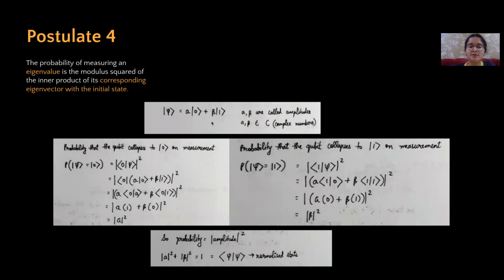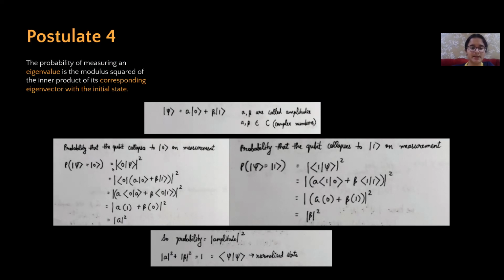We've seen in our previous video on Dirac notation how to get inner products. The postulate says that if we want to find the probability of this qubit collapsing into the ket 0 state, then we have to take the inner product of ket 0 and the psi state, take the amplitude of it and square it.